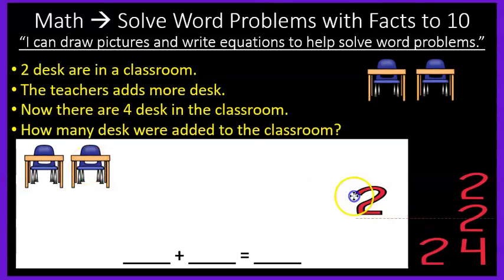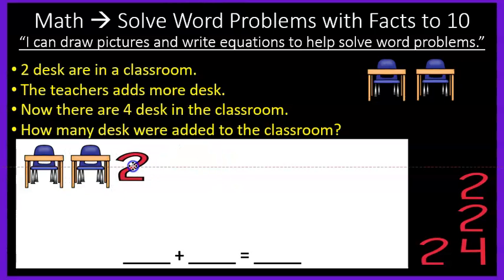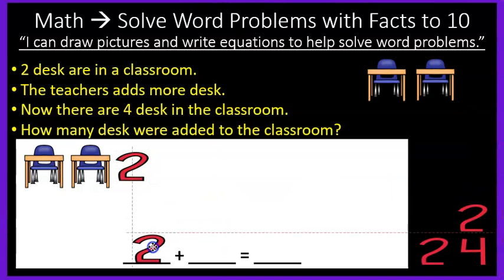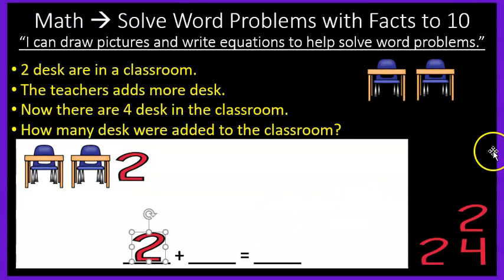Now, you're going to put a 2 here. Because you know that there are 2 desks right there. The next thing you do, you're going to get another 2. And you're going to insert that there. Okay, that number needs to go up front. Now we're done with this first statement. We come now to this second statement now, okay?